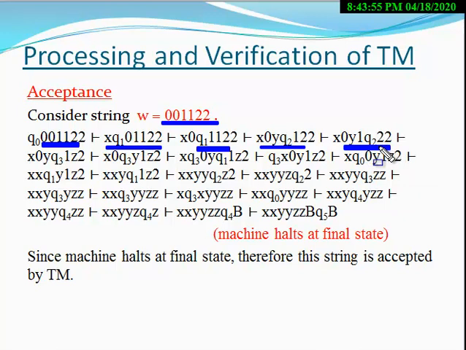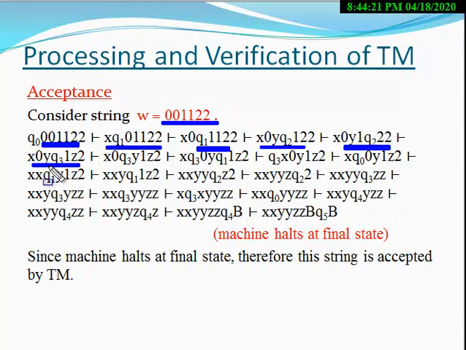Therefore, the machine changes its state, 2 is replaced by the tape symbol Z, and it moves in the left direction. Now the state becomes Q3 here.